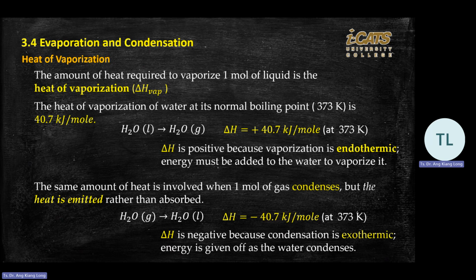Energy is given off when it's condensed. So for heat of vaporization, the positive and negative signs are important. Endo is positive, delta H positive. Exo is negative.